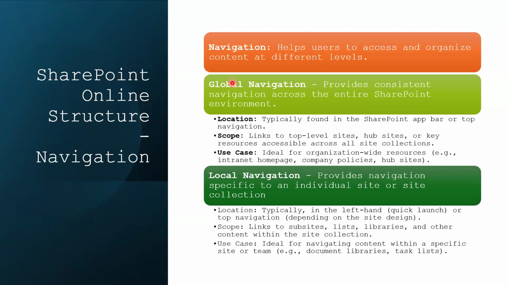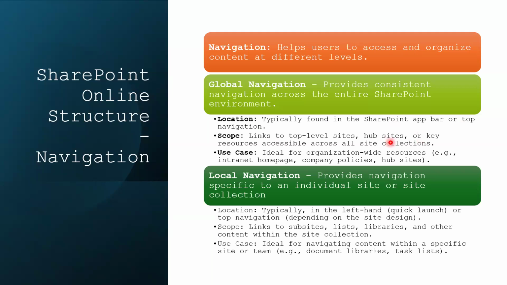One is the top level or global navigation. It provides access to the entire SharePoint environment. It can typically be found in the SharePoint app bar or top navigation, and the scope is links to top level sites.